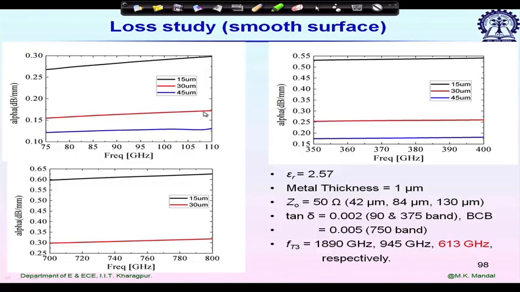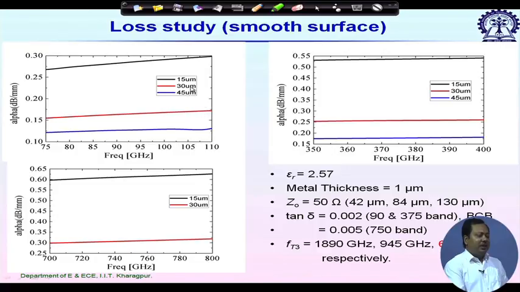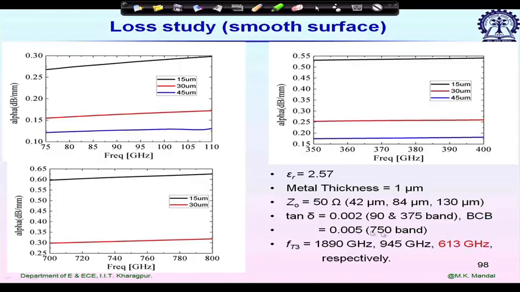We are considering three different substrate thicknesses: 15 micrometer, 30 micrometer and 45 micrometer of BCB substrate. It is popular at millimeter wave frequencies or even at terahertz frequencies, and the typical tan delta value for 100 gigahertz to 400 gigahertz is 0.002.